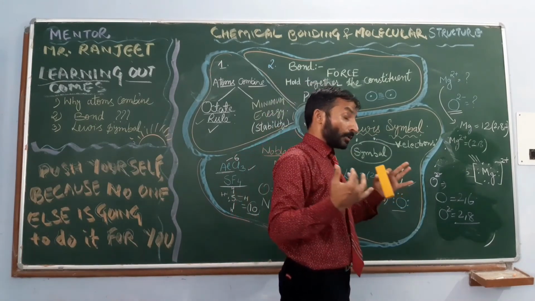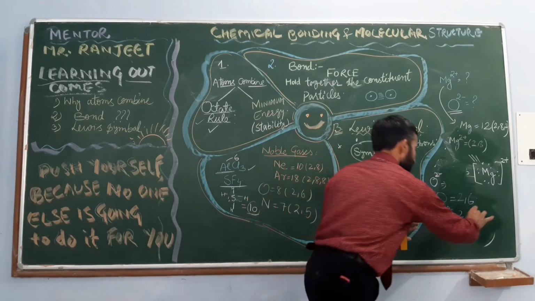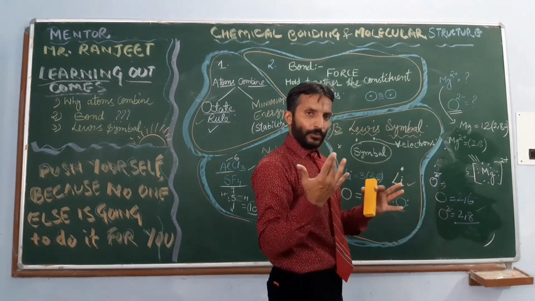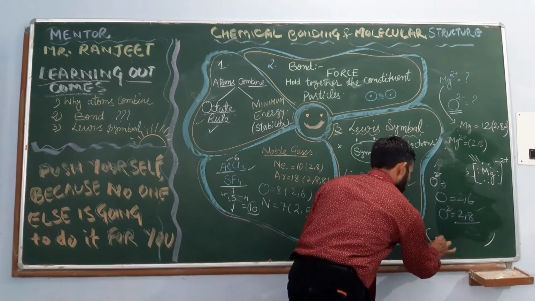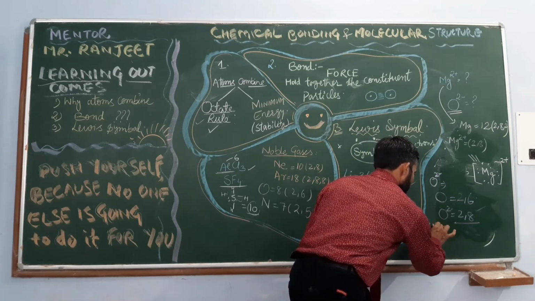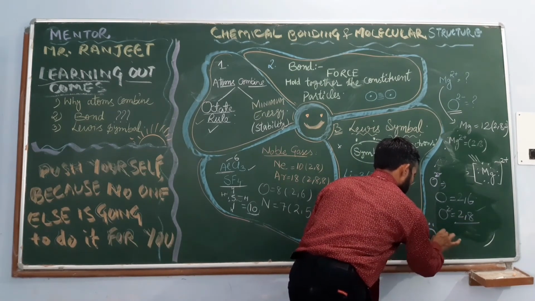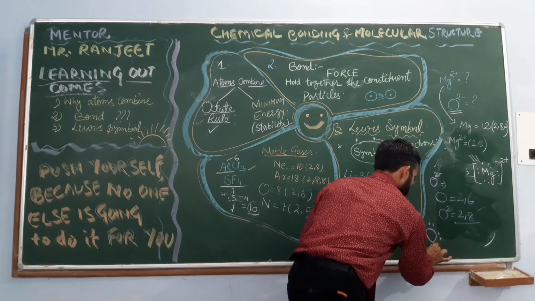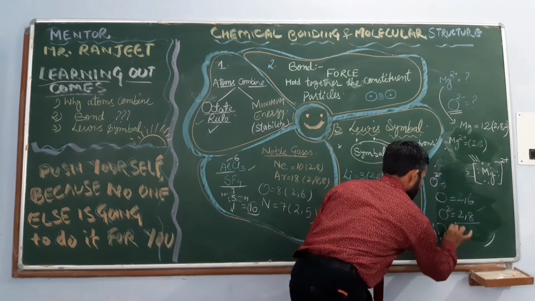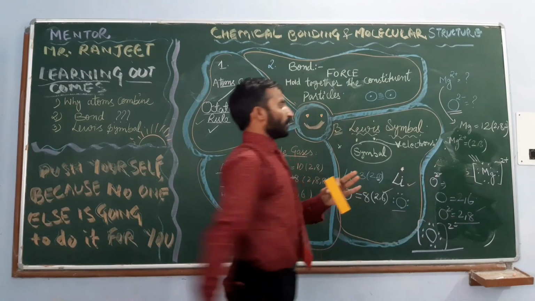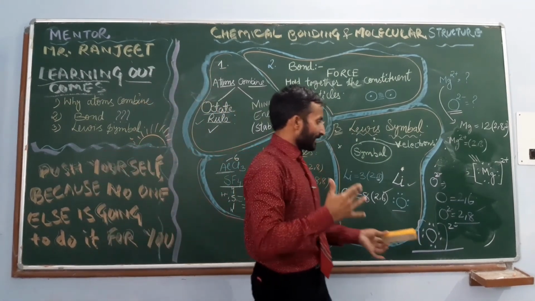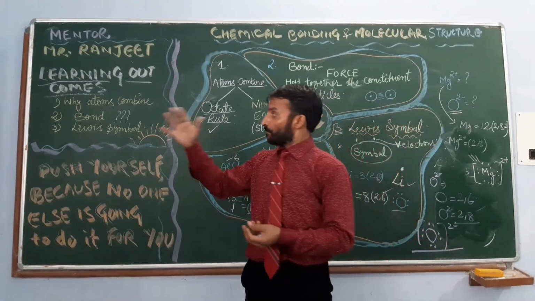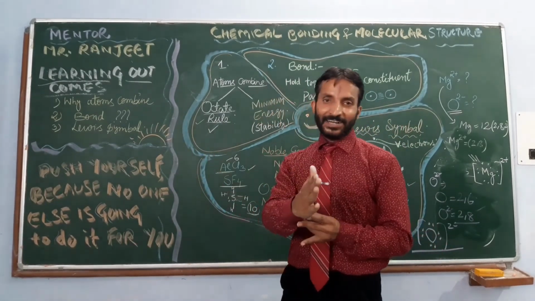Then it becomes an ion. Here the octet rule is applying, and our motto is to draw the Lewis symbol. Now 8 electrons in the valence shell; this way you will write. This is the dot structure of the anion. I think things are clear and crystal clear.